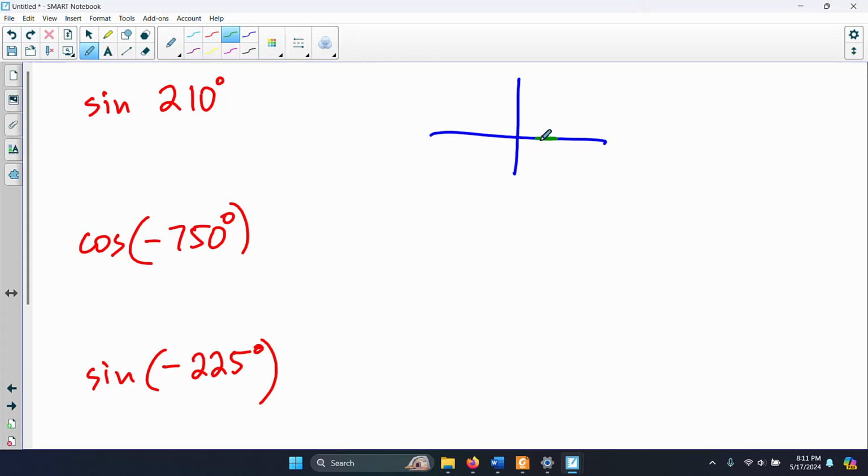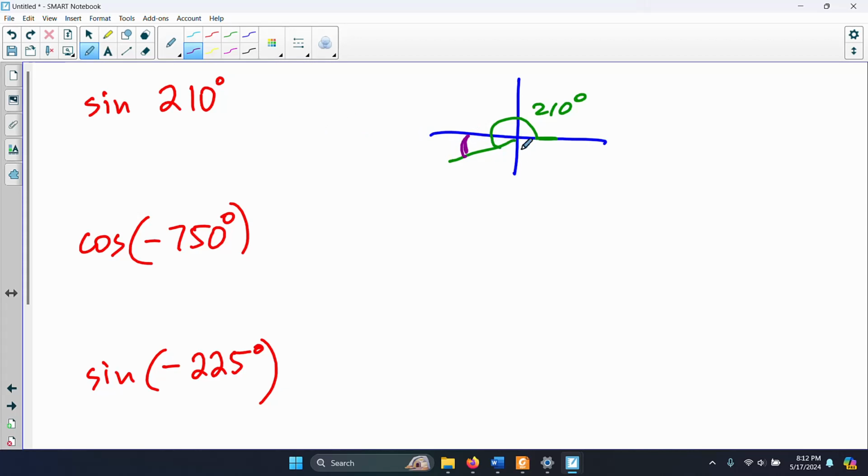How far does it go? Through experience, I basically say 210 is 180 plus another 30. So there's my angle of 210. What's important about it is the terminal side, but more importantly, the reference angle that forms right here with the x-axis.